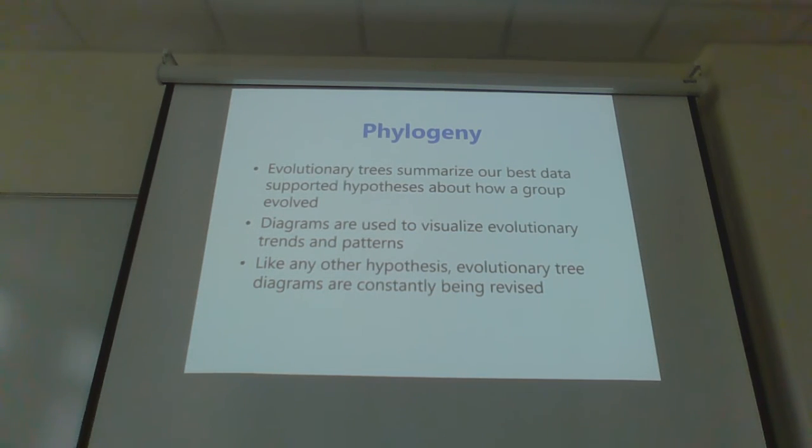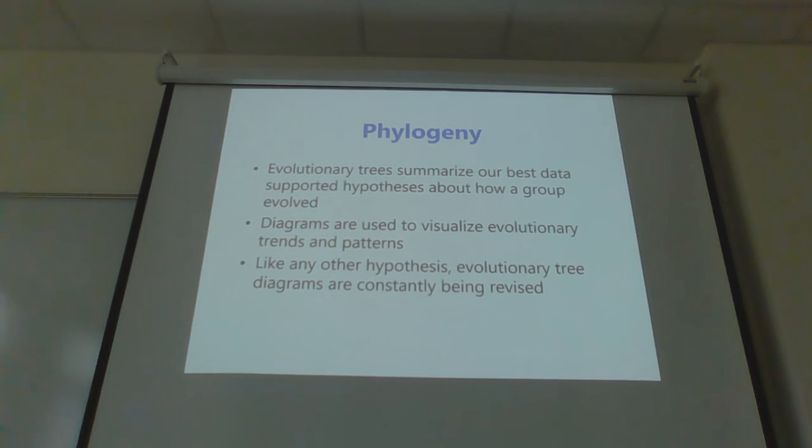So phylogenetic trees are also called evolutionary trees or cladograms, as we will see. They're all synonyms, basically. These evolutionary trees summarize our best understanding of how evolution has worked, referring to a specific group.